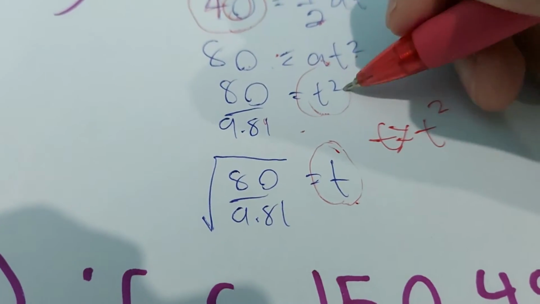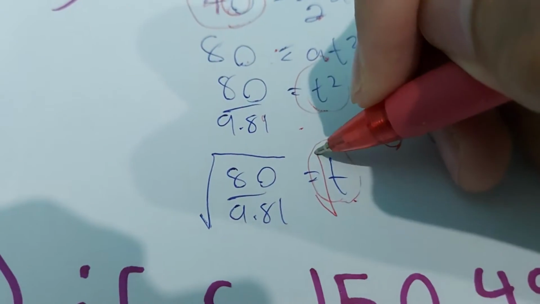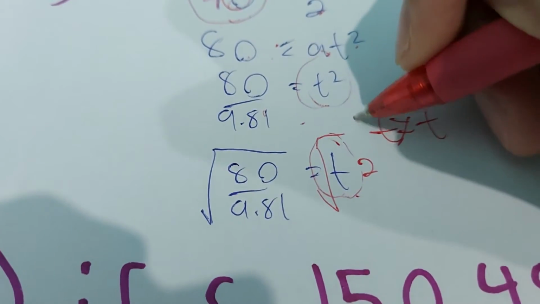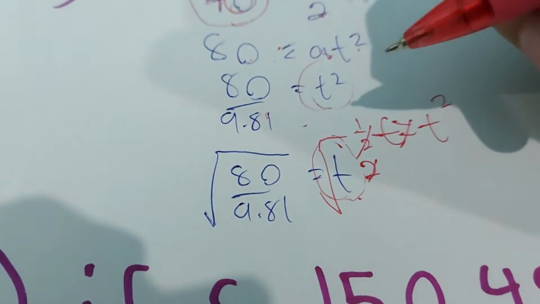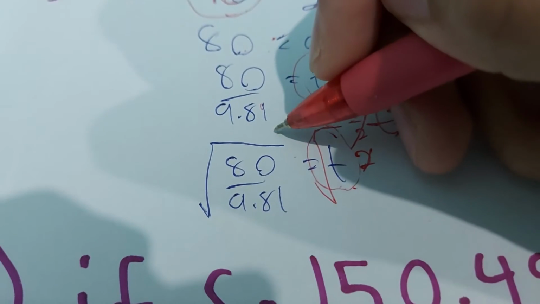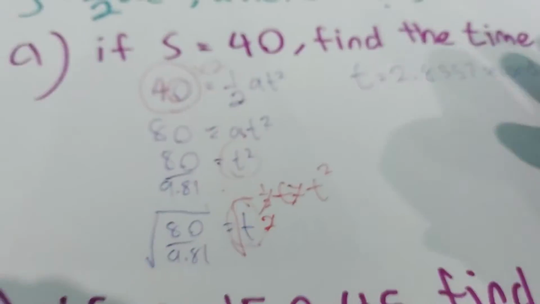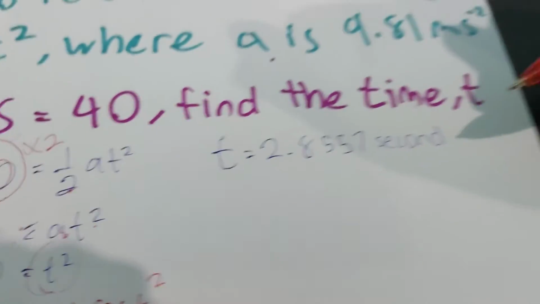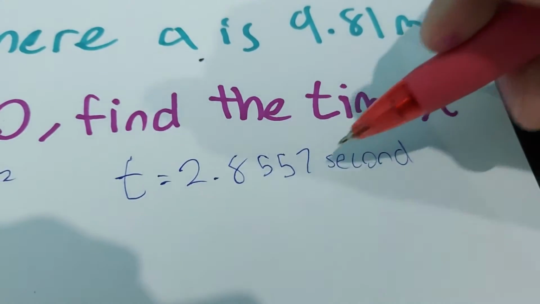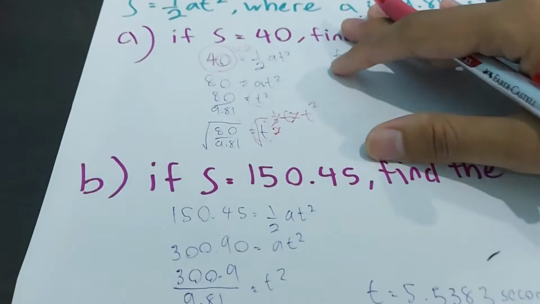To cancel out the square, we need to use the square root. So for the final answer, we get T equal to 2.8557 seconds. And moving on to question B.